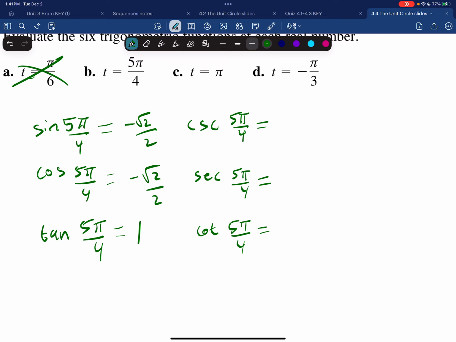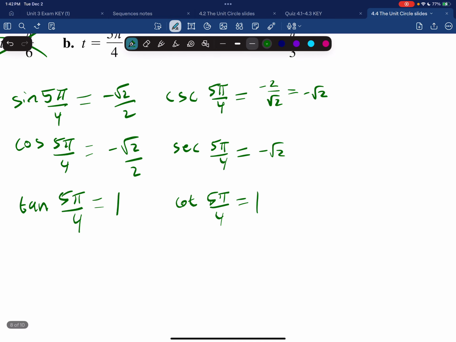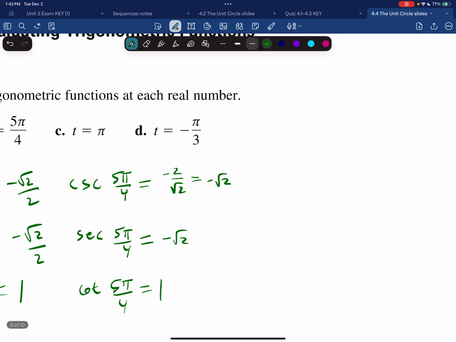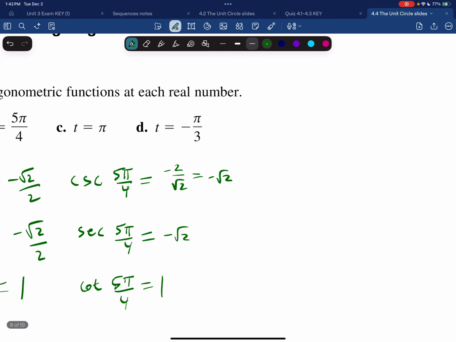The reciprocal of negative root 2 over 2 is negative 2 over root 2. And if you rationalize that, you can try it, multiply by root 2 over root 2. It actually simplifies just down to negative root 2. So both cosecant and secant will be negative root 2, and then cotangent, the reciprocal of 1, is still 1. Okay? You know what? I'm going to skip D as well.